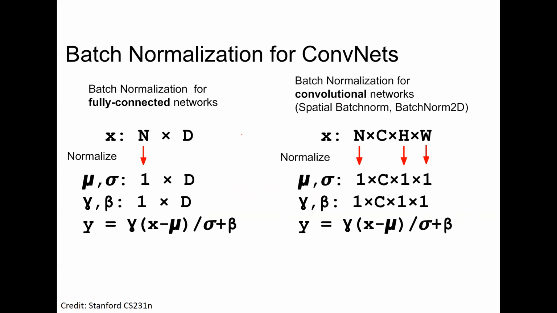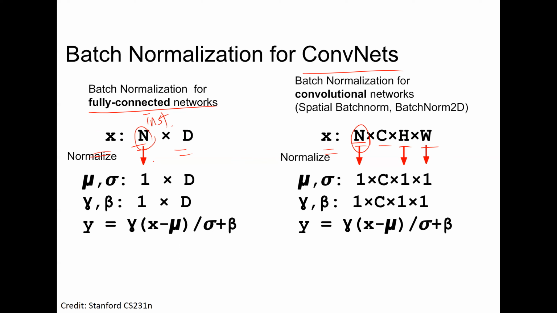All right, and how do you use batch normalization for ConvNets? In the case of fully connected layers, the input shape was n by d. However, for images, the shape is n by c by h by w. In this case, we normalize the instance dimension as in fully connected layers. This is the instance dimension.